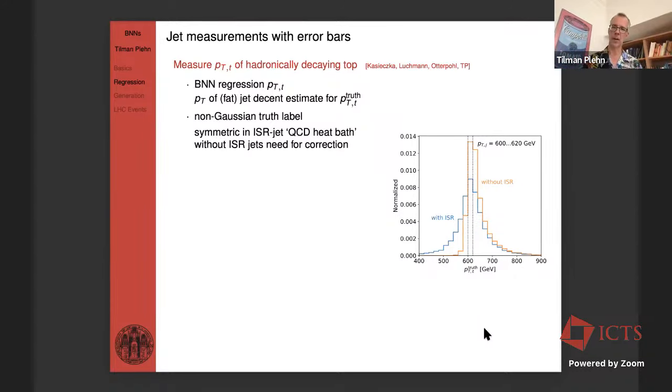And so here in the right-hand tail, you have truth values. The top has a transverse momentum of 750 GeV or something like that, but the jet always has 600 to 620. That means if your truth was here, you have lost 100 GeV due to probably out-of-cone radiation, right? And so that means your truth has to be larger than the jet measured.